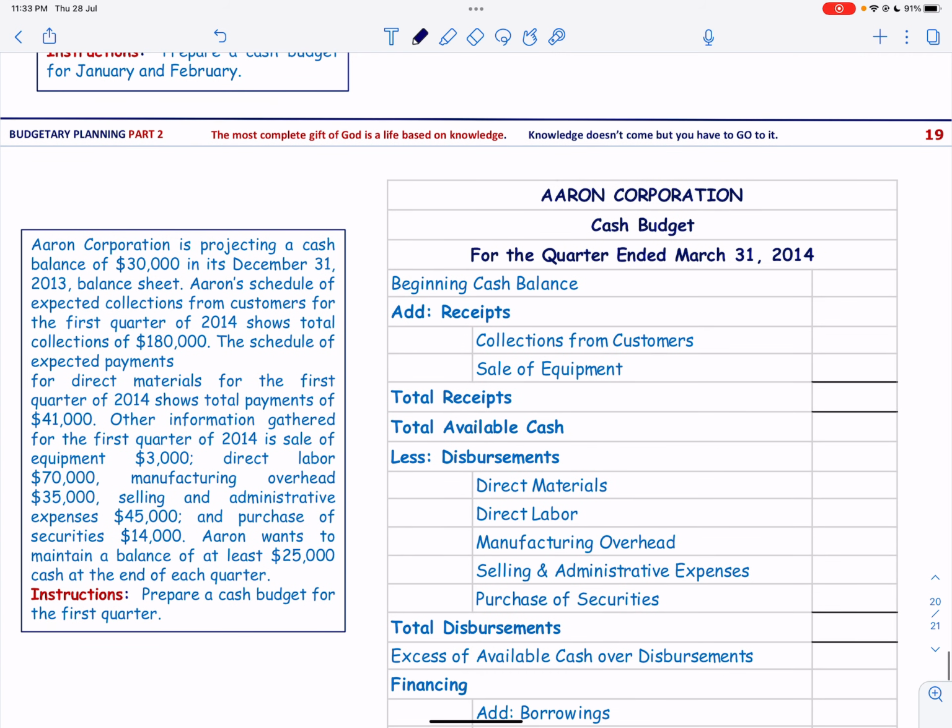Aaron Corporation is projecting a cash balance of 30,000. Aaron's schedule of expected collections from customers for the first quarter of 2014 shows that the collection will be 180,000. The schedule of expected payments for direct material for the first quarter of 2014 shows total payment of 41,000.